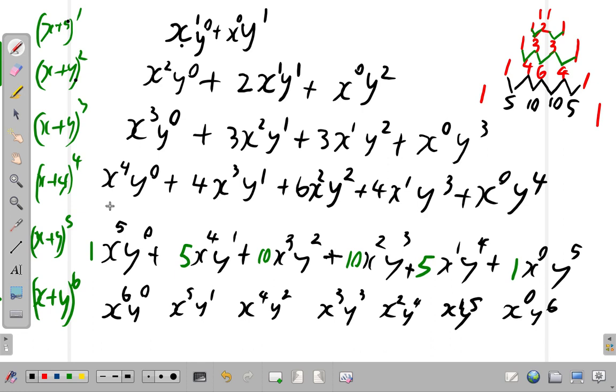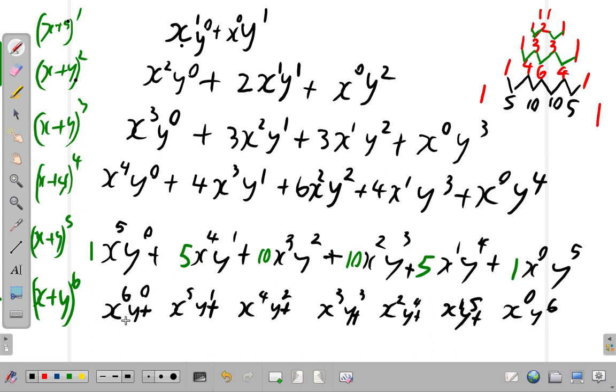Now, they all will be added. So let's just put the addition in for now. But now, we want the numbers that will multiply each pair of x and y.